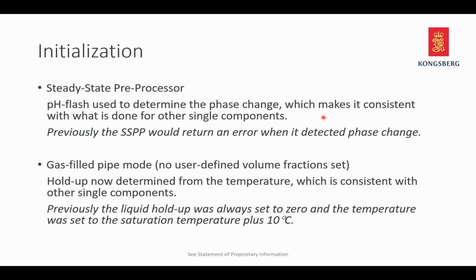So that is if you use the steady-state preprocessor as the initialization option. If you use the gas filled pipe mode, the holdup is now determined from the temperature, which is consistent also with other single components. Previously, it was set to 0, and the temperature was set to the saturation temperature plus 10 degrees.